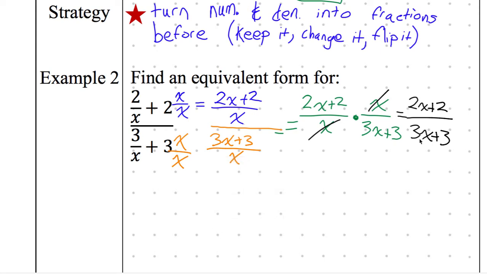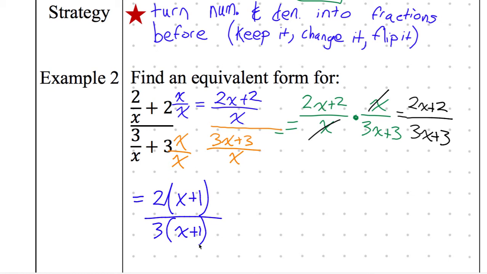Stego. Do you simplify or factor? Yeah, so, take 2. All right. So tell me what to write. 2 parentheses x plus 1, and on the bottom? 3 parentheses x plus 1. There it is. We factor. Perfect. Thank you, Stego.